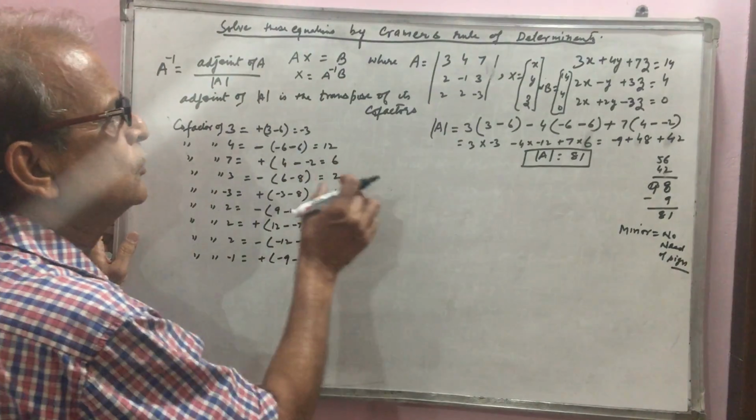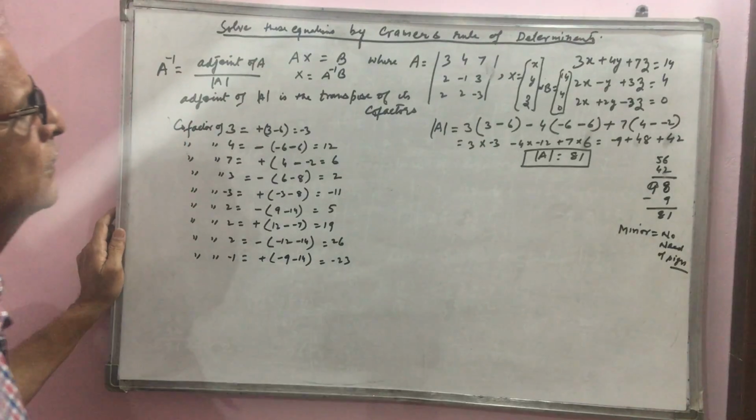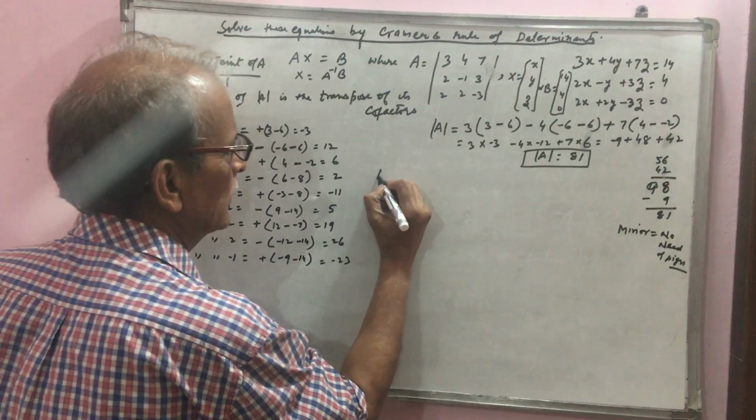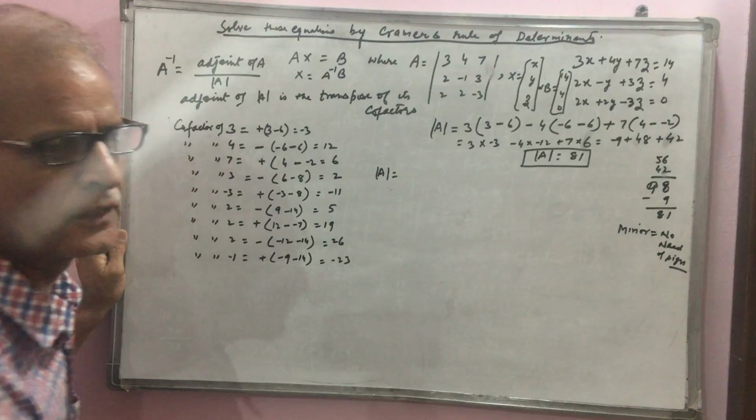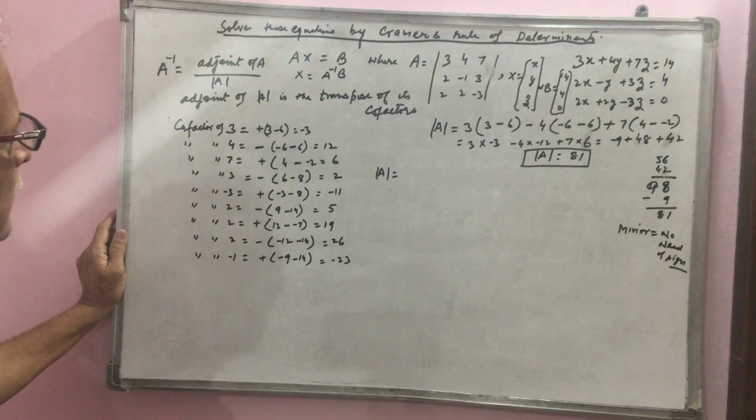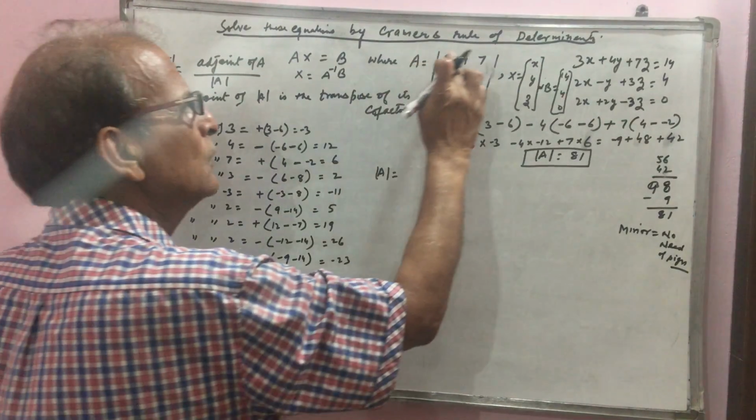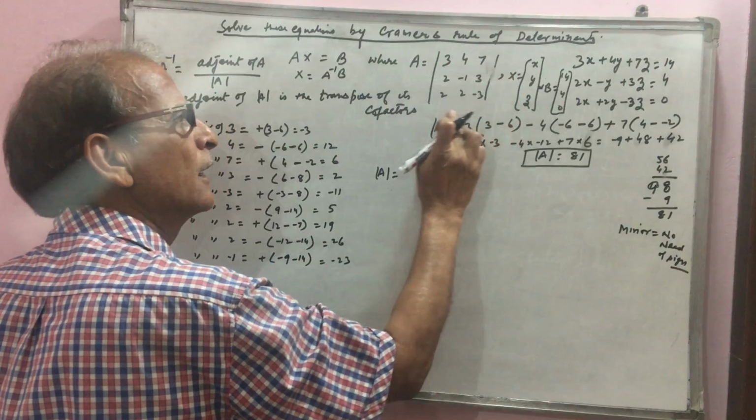Now put these cofactors in this determinant, as we have calculated. First we have to calculate it, like we have calculated the cofactor like this.